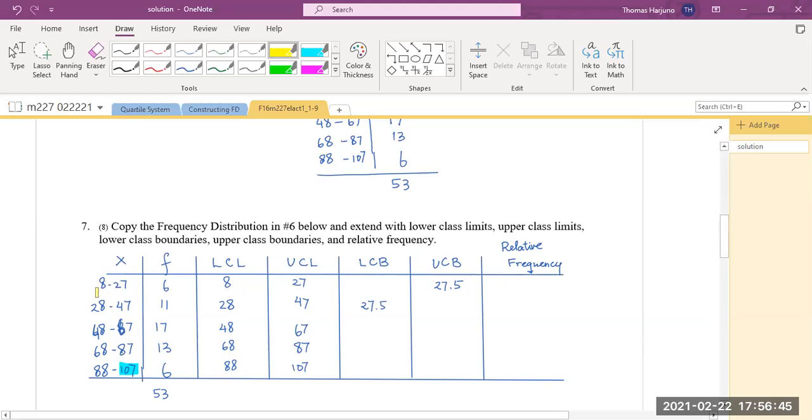And then the next boundary is 47.5. 47.5 is being shared by the second house and the third house, and so on and so forth. Because the gap is a half unit from the house, this will be 7.5. This will be 107.5.